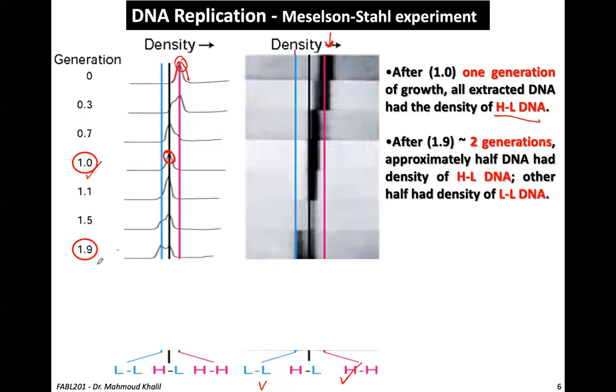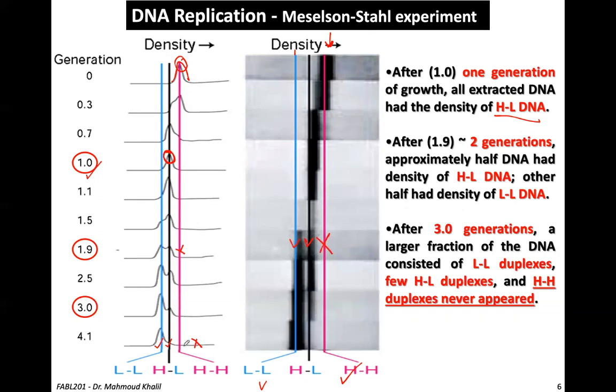After the second doubling, you can see two peaks. The DNA is either heavy light or light, and there is no heavy, because there is no peak at the heavy. As well, on the density gradient, there is no heavy on the red line, and most of the DNA is on the line of the light and the heavy light.